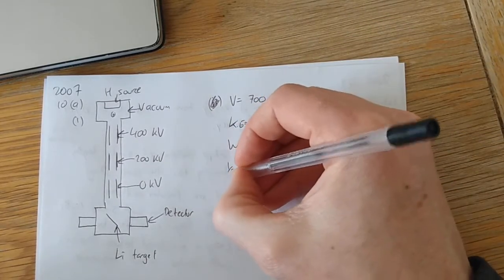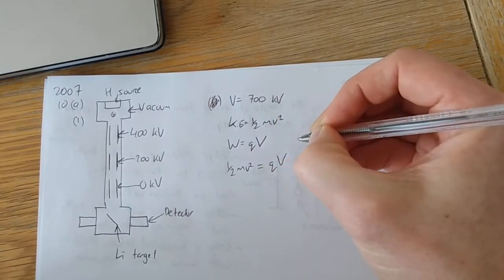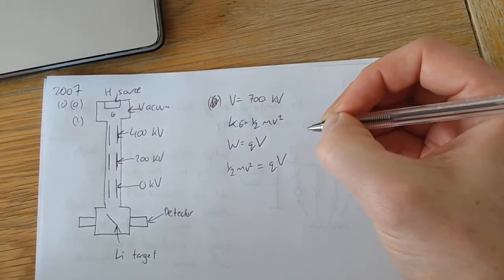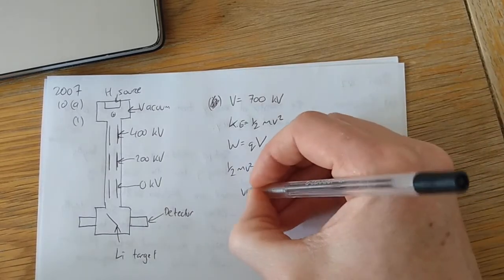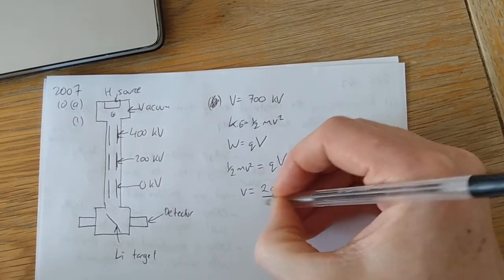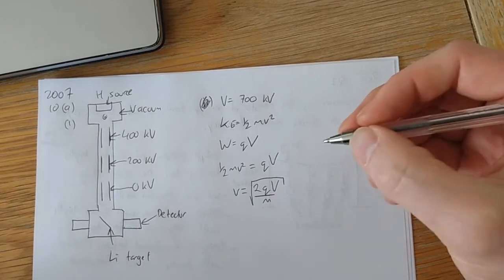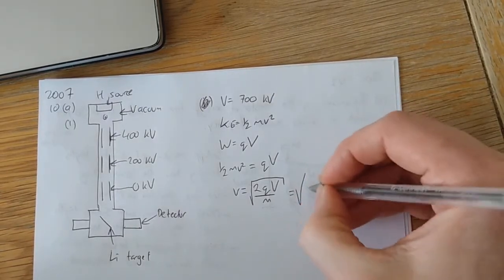So I've got a half mv squared is equal to the charge on the proton times the voltage it's being accelerated through. So that means the velocity is going to be 2 times all of that, and then square root it, I think. That makes sense.